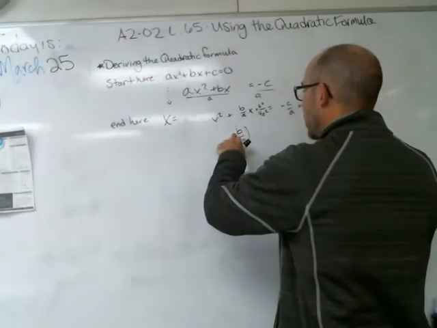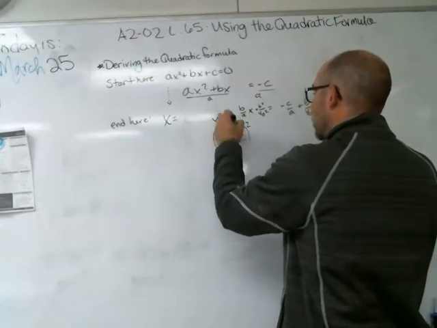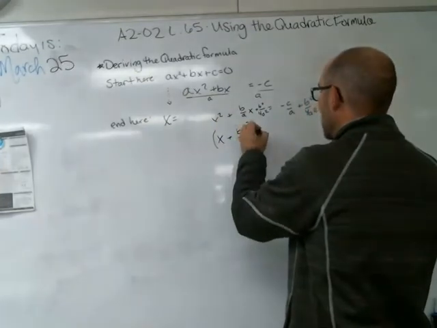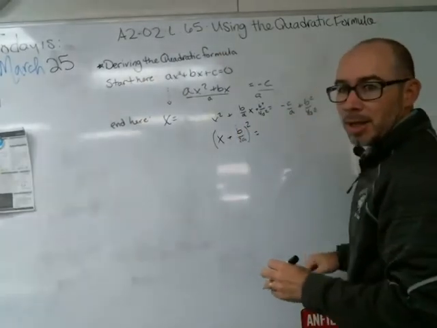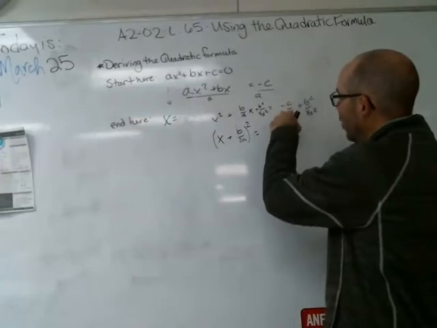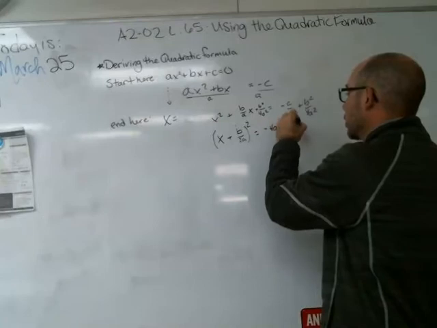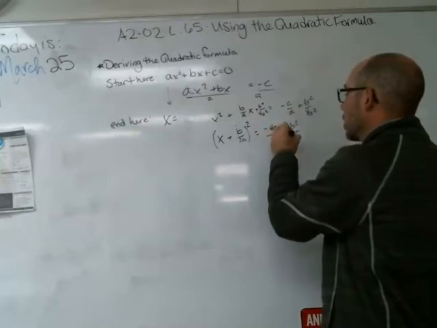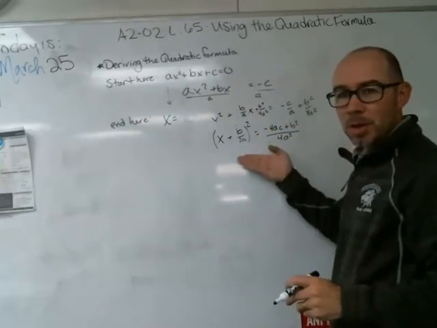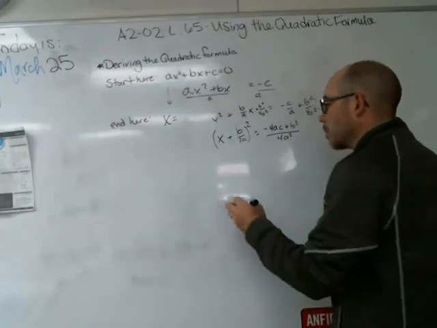The left side can be rewritten as x plus b over 2a, squared, and over here we would find a common denominator. So we multiply this one by 4a to get negative 4ac plus b squared all over 4a squared. At this point, you're almost done. You just have to take the square root of both sides and keep going.